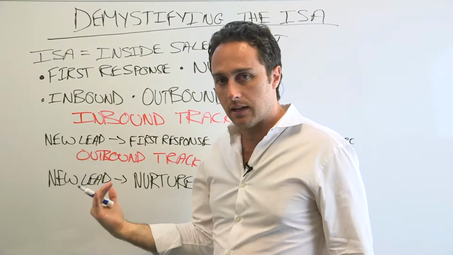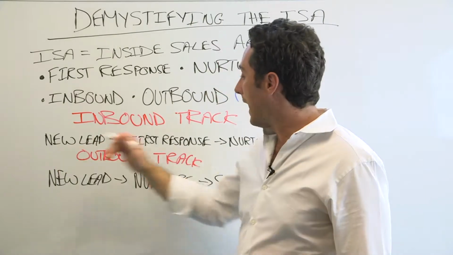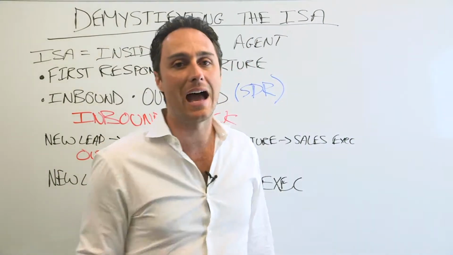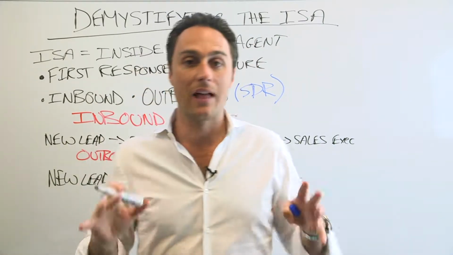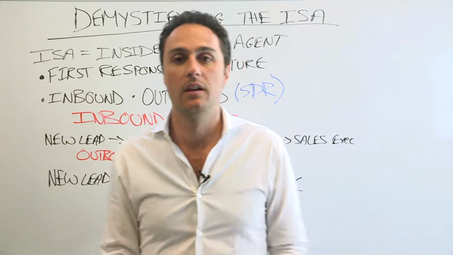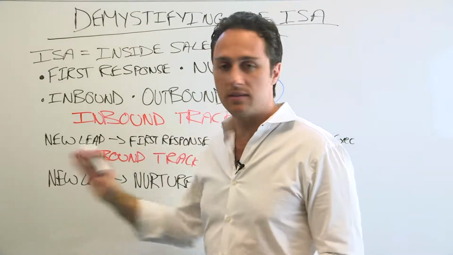Maybe even an internet lead comes in, an inquiry, and someone has to have first response. Now you may or may not have a first response ISA, but nevertheless, somebody is acting as the first response team.